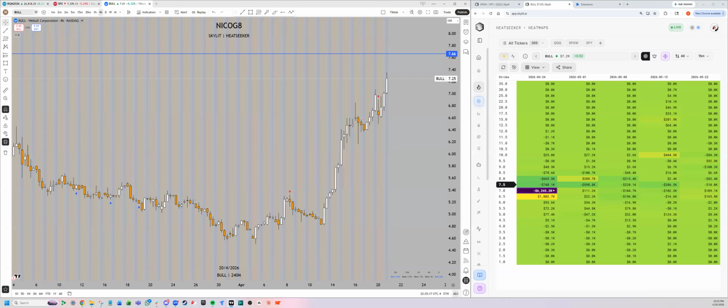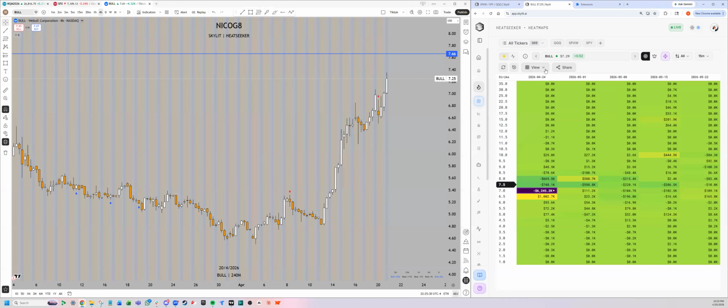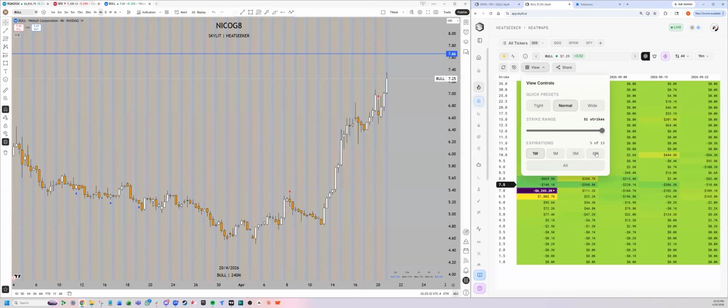What do you see on this one? It's a little confusing when you change the view on Heatseeker from a week to a month, as the king node changes. Stu, if you're not taking very long-term positions, I just wouldn't even change it. Just leave it on a week or a month.